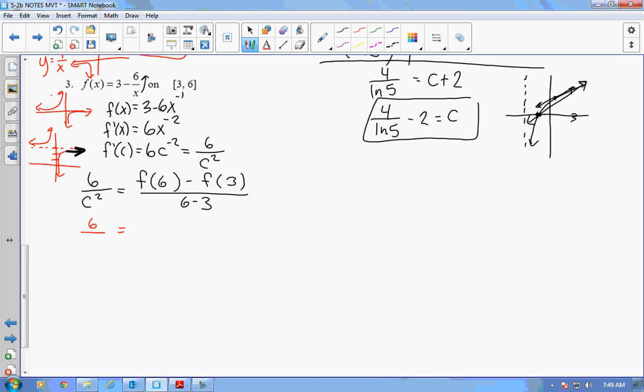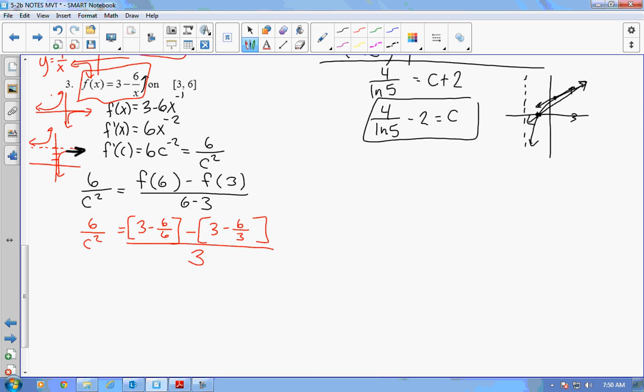So we have 6 over c squared. f of 6, remember, you're using the original. Now, I guess you could choose that one. Actually, it was going to come out nicely because 6 over 6 is going to be pretty nice. 3 minus 6 over 6, minus, put this in brackets because you're subtracting everything, 3 minus 6 over 3, all over 3. 6 minus 3 is 3.